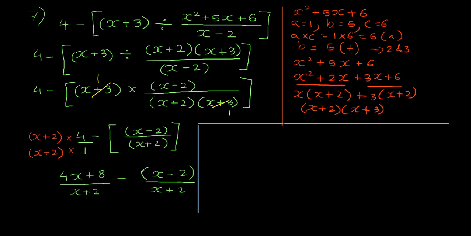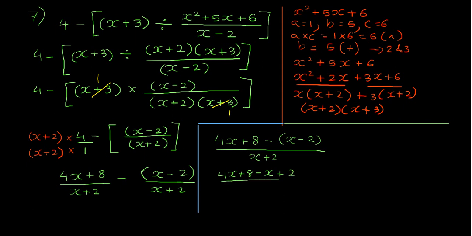So we can now write it as one fraction. 4x plus 8 minus x minus 2, all of it divided by x plus 2. That'll be 4x plus 8 minus x plus 2. Minus and minus becomes plus. Over x plus 2.